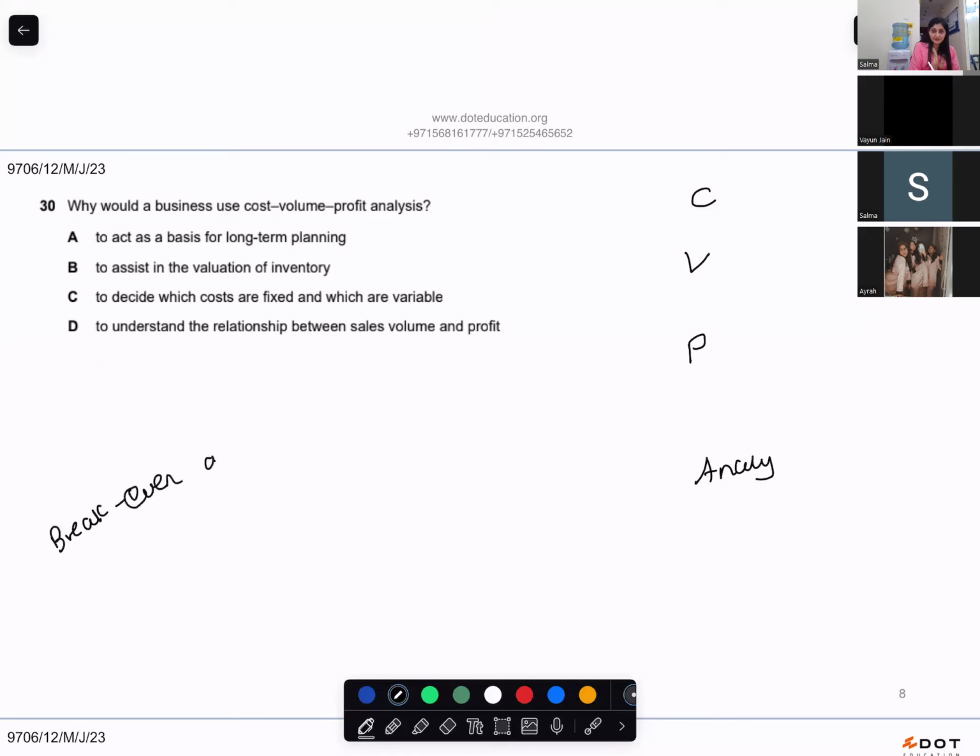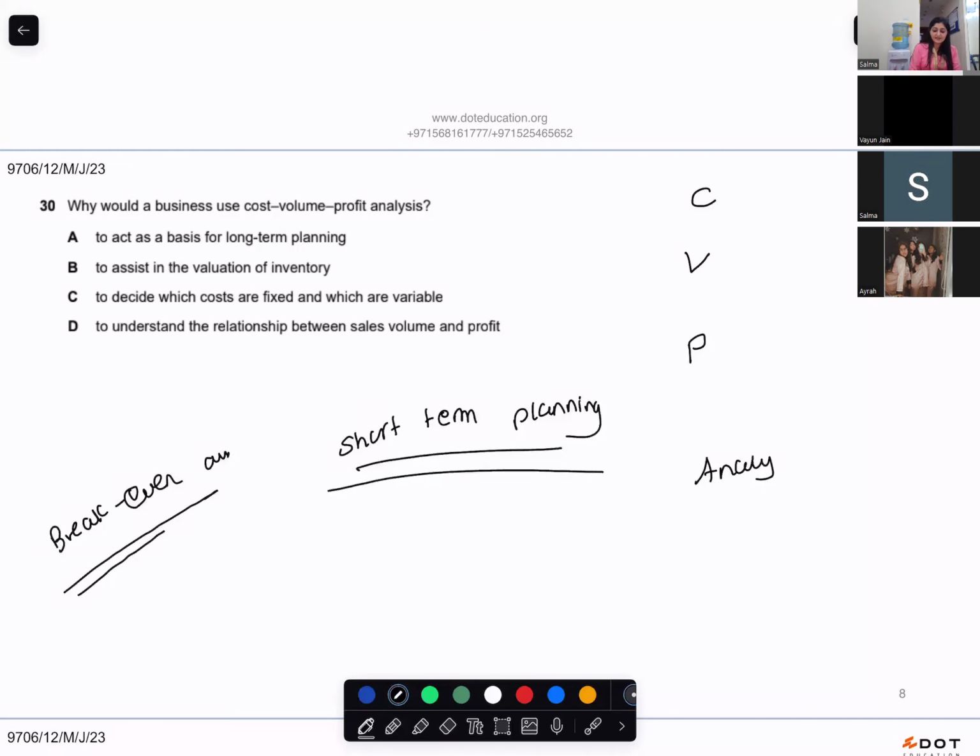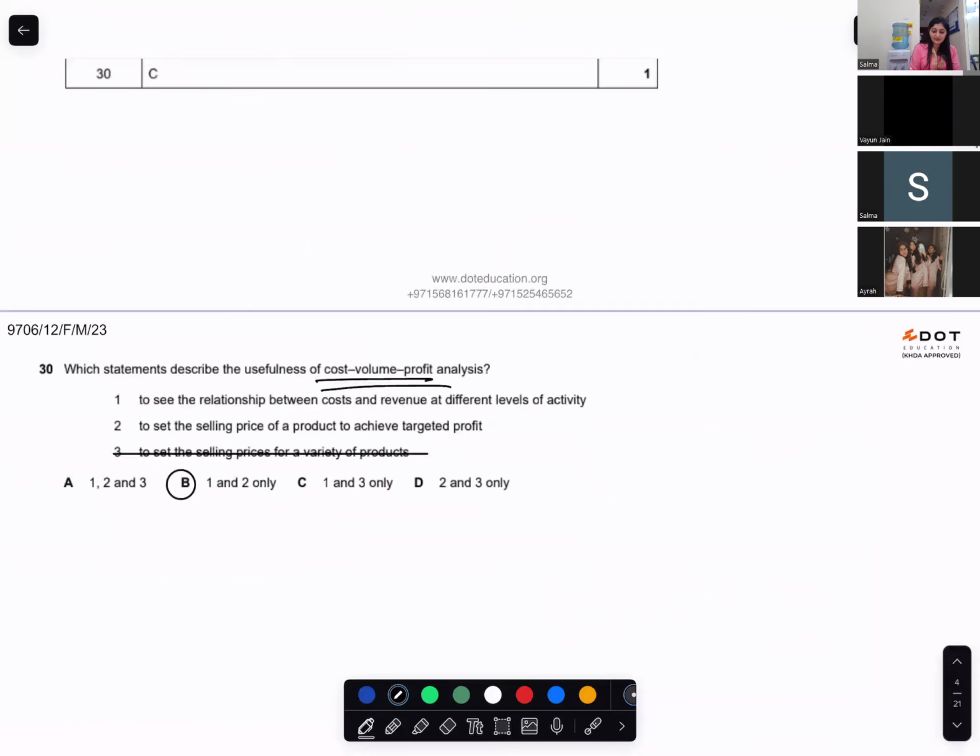This is short-term planning or long-term planning? It's a short-term planning because you're only taking one cost into consideration. And your cost volume profit analysis has certain assumptions, and we've studied these assumptions.